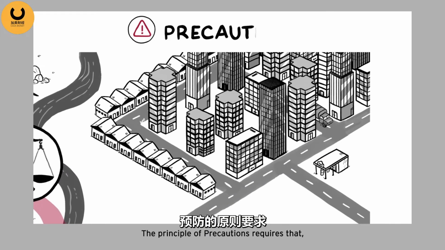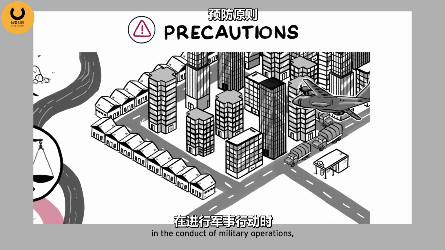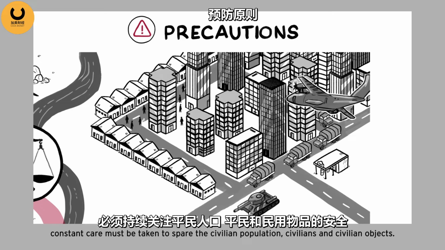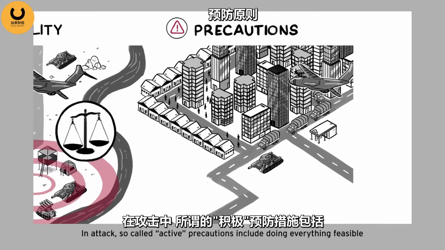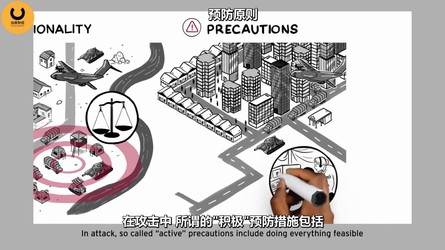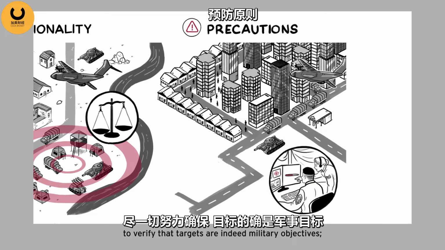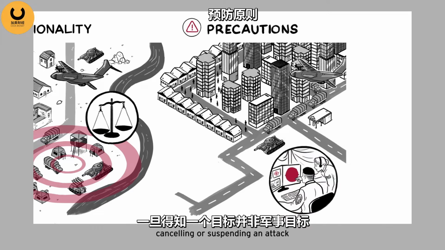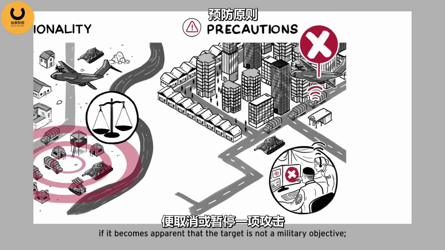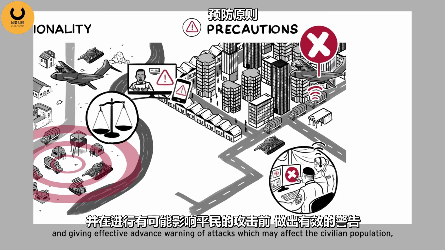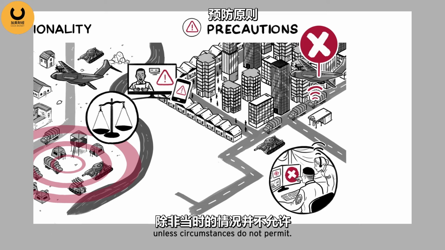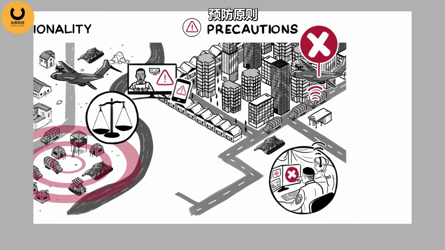The principle of precautions requires that in the conduct of military operations, constant care must be taken to spare the civilian population, civilians, and civilian objects. In attack, so-called active precautions include doing everything feasible to verify that targets are indeed military objectives, cancelling or suspending an attack if it becomes apparent that the target is not a military objective, and giving effective advance warning of attacks, which may affect the civilian population unless circumstances do not permit.